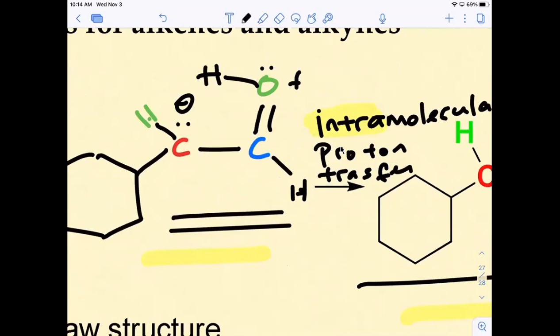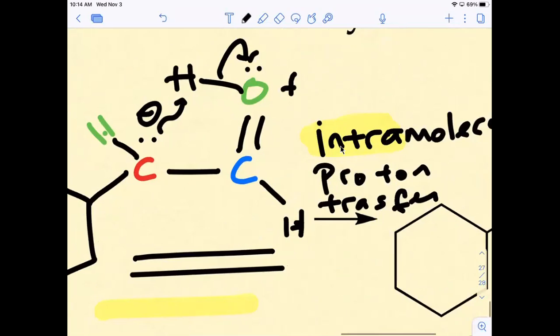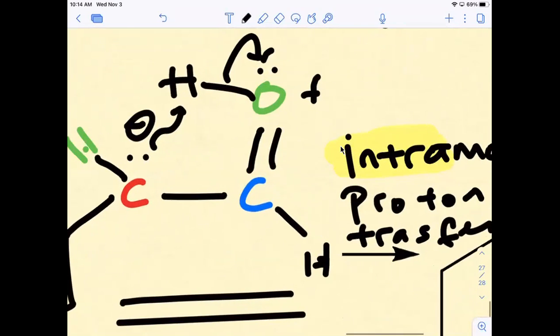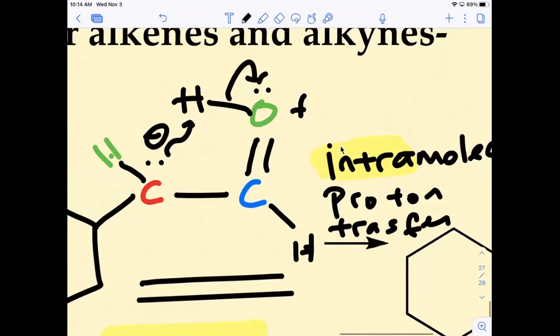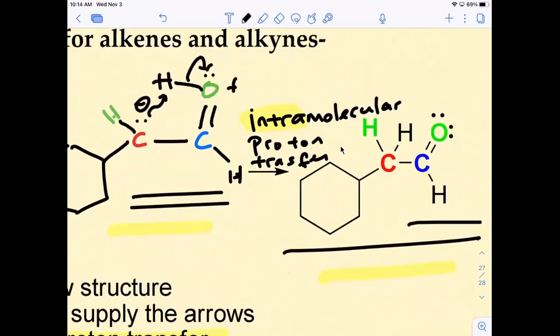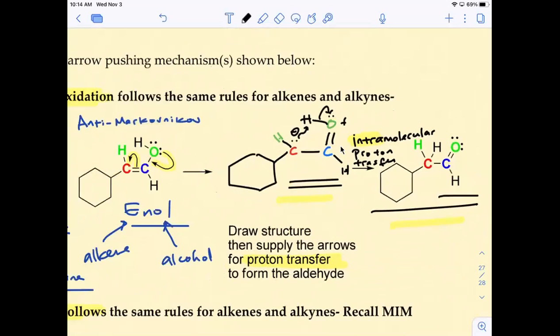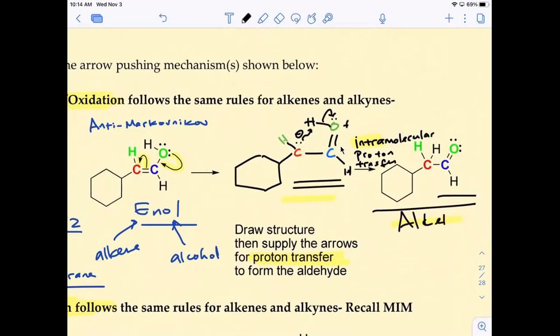All right. So that intramolecular proton transfer is going to happen like this, right? And then that's going to get me to here. So this interconversion between the enol and the aldehyde, which is here, we call that tautomerism.